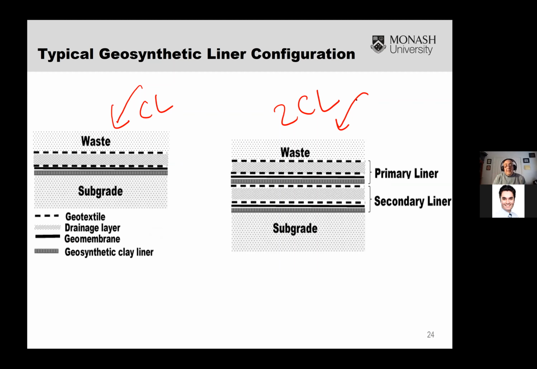When we look at these liners typically used in containment facilities, HDPE geomembranes represent a very large portion of what is used. They have been traditionally used in all these lining systems simply because of their excellent chemical resistance and durability.